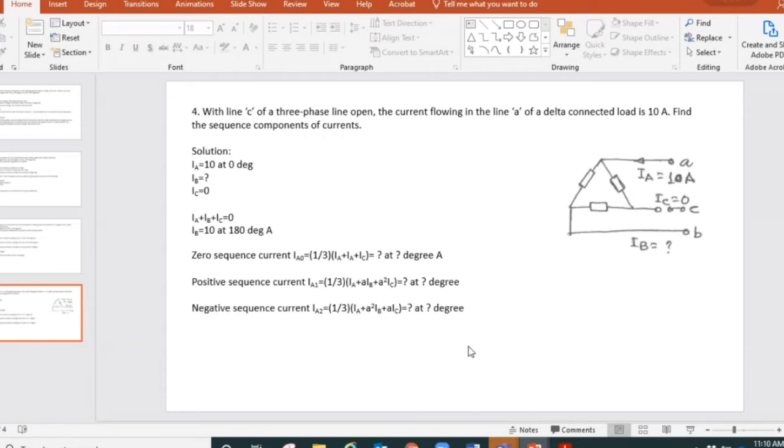Yes, minus 10 per plus 180 degree. And what I wrote there? No, that's not right. If it is minus 10, then it's 0 degree. If it is 10, then it is minus 180 degree.